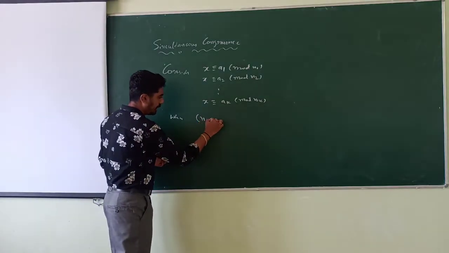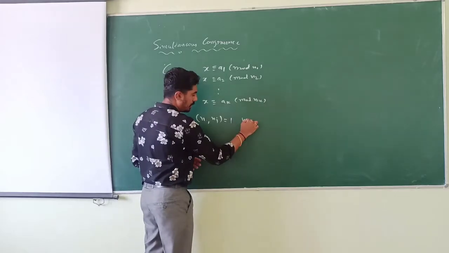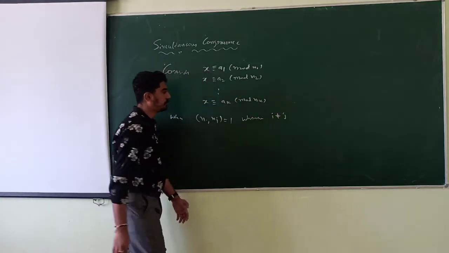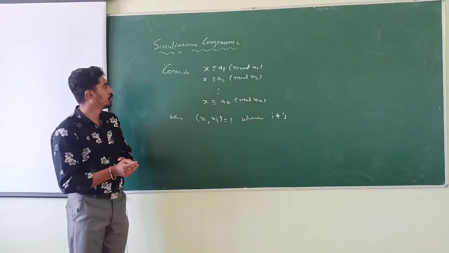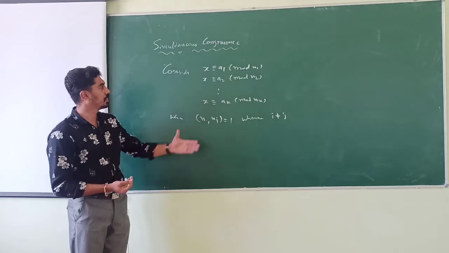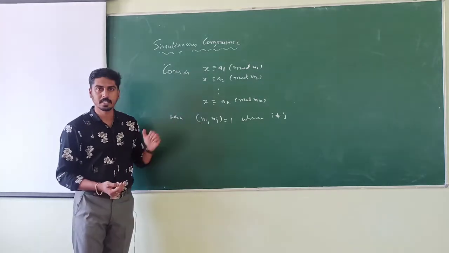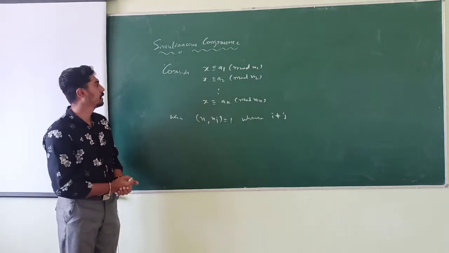That is, the GCD of ni and nj is 1 whenever i not equal to j. First, I am going to explain a method to find a simultaneous solution for this set of linear congruences satisfying this condition, which is well known as the Chinese remainder theorem.